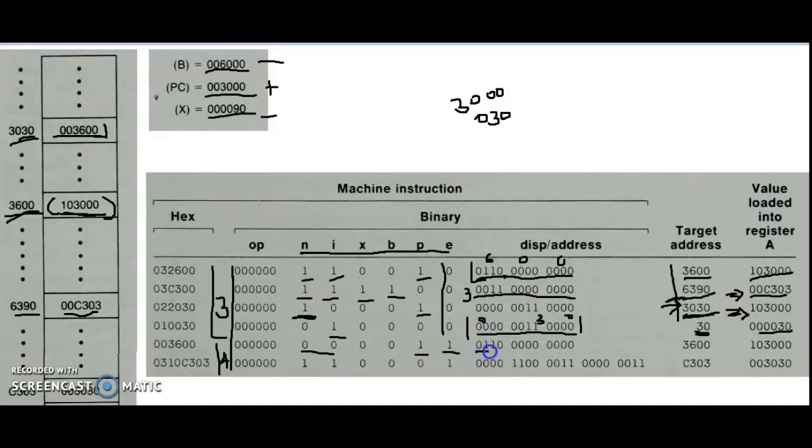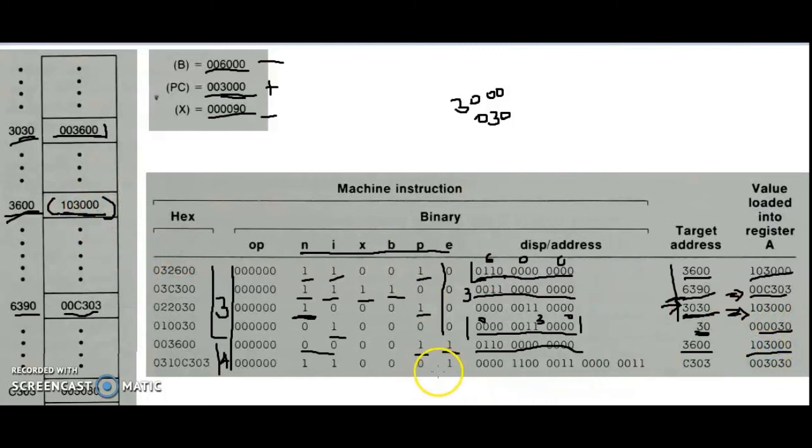We will be getting the address 600. Since it is PC relative, 600 will be added with the PC value 3000. So you will be getting the result as 3600. So 3600 is having the value 103000, placed on the target location.